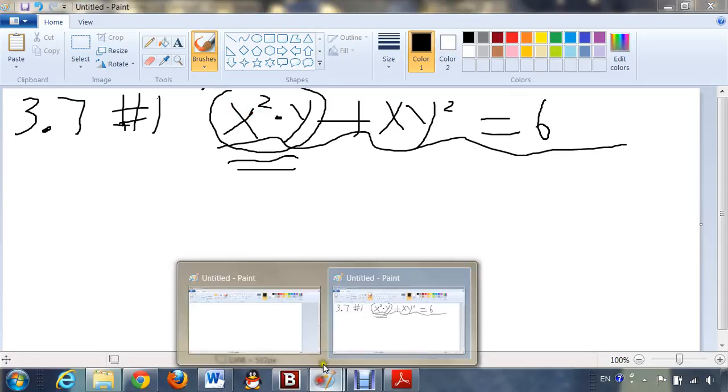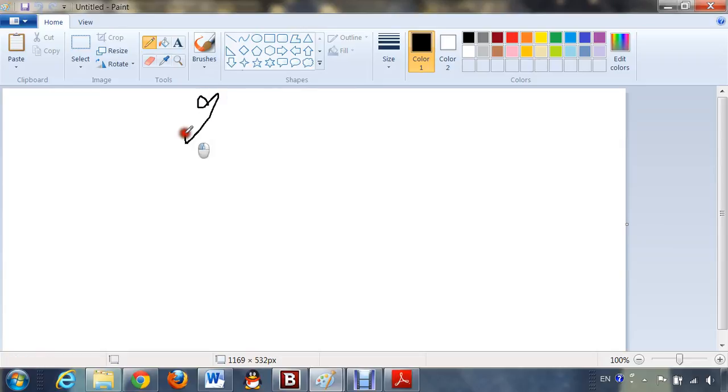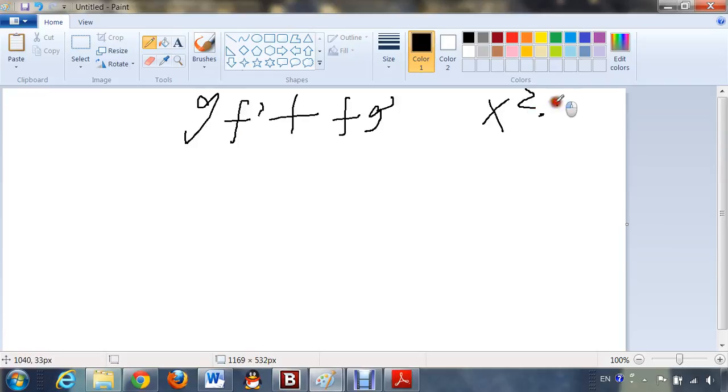Let's do the product rule on a different page. Remember, the product rule is g times the derivative of f plus f times the derivative of g. So that is x squared times y.